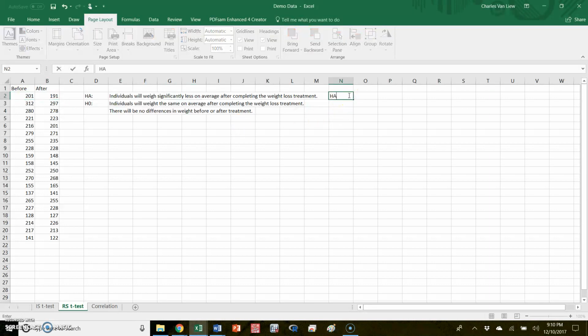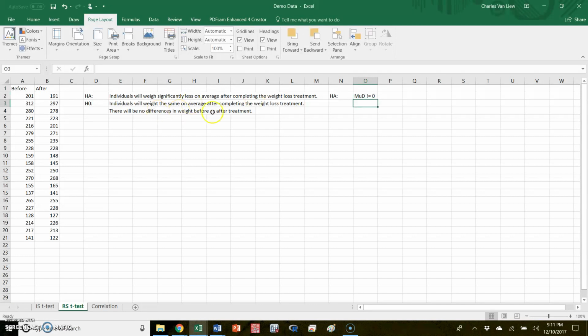In terms of the notation, now I can't do all the symbols in Excel. We can do it in Microsoft Word to get characters like mu, but for now I'm just going to write them, kind of spelling them out. So under the alternate, what we would say is that the average difference does not equal 0.